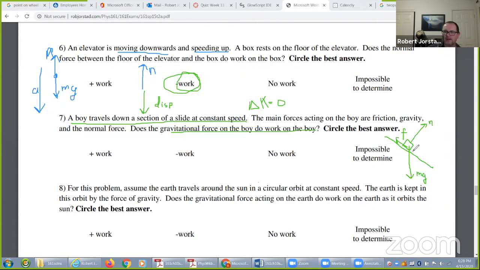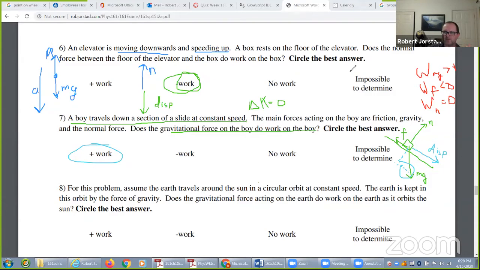If you're going downwards, if the displacement is downwards like this, there's a component of mg that goes that way. This would be positive work. That's it. Notice in this particular problem, the normal force is 0. The work done by friction will be negative. The work done by mg is positive. So remember, gravity can do positive work if you're going downwards.